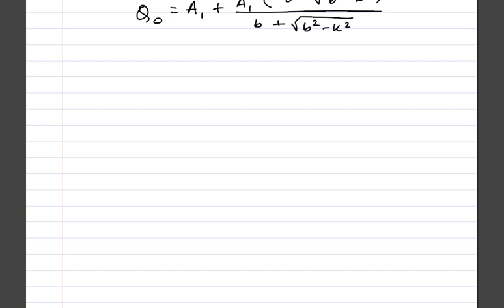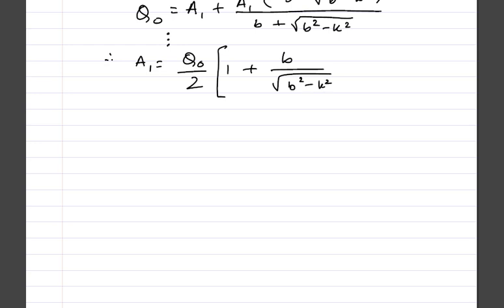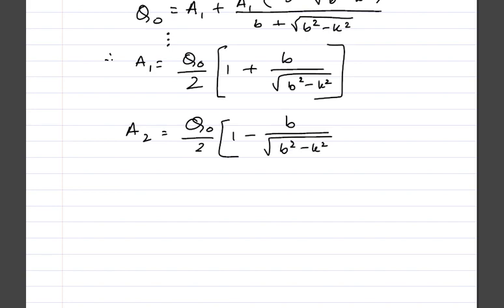Alright. So therefore a1 is equal to q naught by 2 into 1 plus b by square root of b square minus k square. You can do the rearranging steps, not very difficult, so I just put 3 dots. And a2 you get q naught by 2 into 1 minus b by square root of b square minus k square.